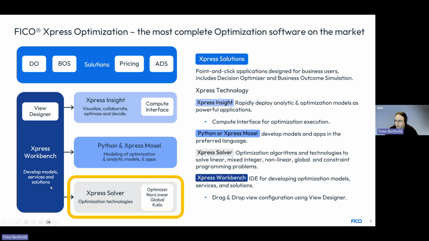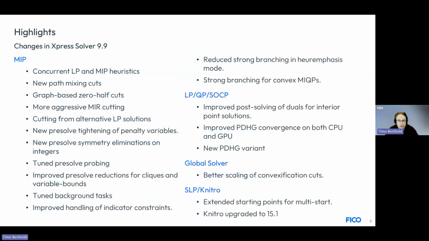And over the next 45 minutes or so, I would like to walk you through some of what's new in that solver and what we've added in the latest release. Okay, so this is the plan. A lot of the exciting development that we did in this recent release was focused on improving our MIP performance. There have been interesting developments elsewhere as well, especially around our primal-dual hybrid gradient.